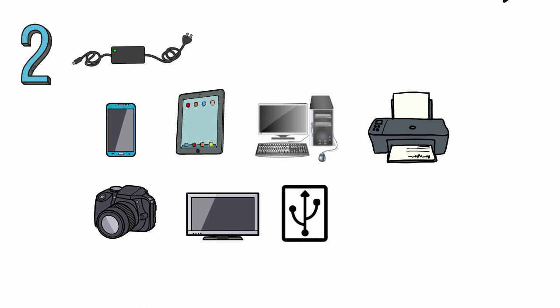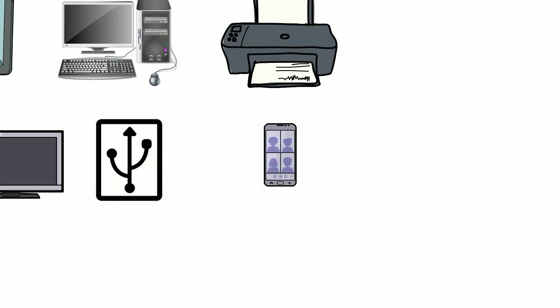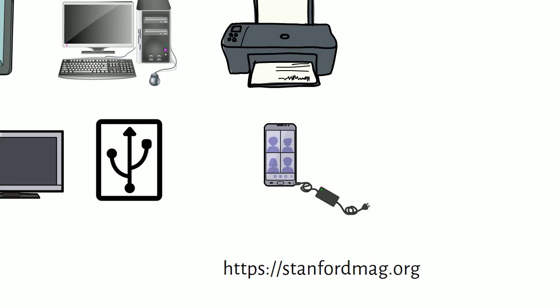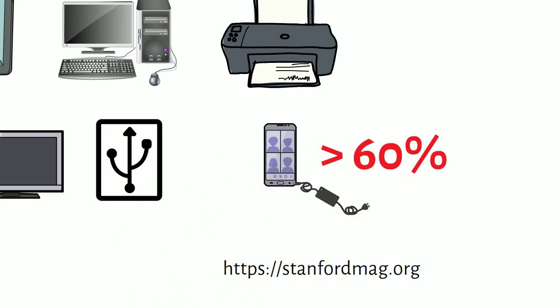Even plugged-in USB chargers are consuming energy while not in use. Also, pay attention to fully charged devices still plugged into the wall. According to a Stanford research group, a phone consumes about 60% of the original charging power and a laptop even 66%, despite a fully charged battery. This is important to note.